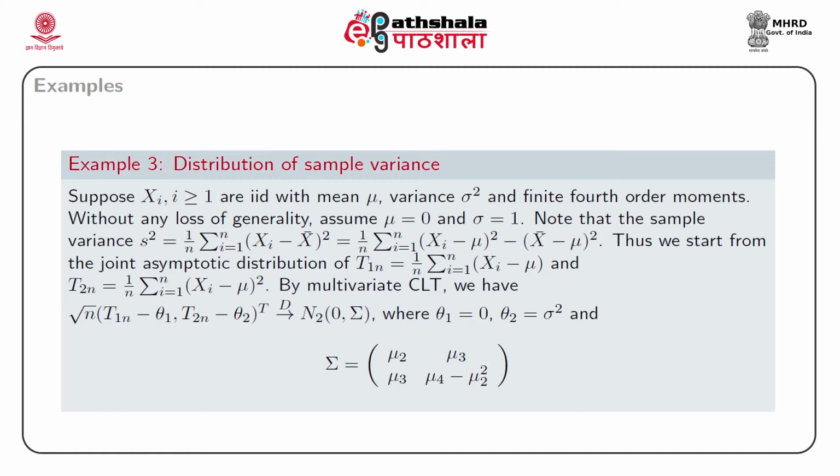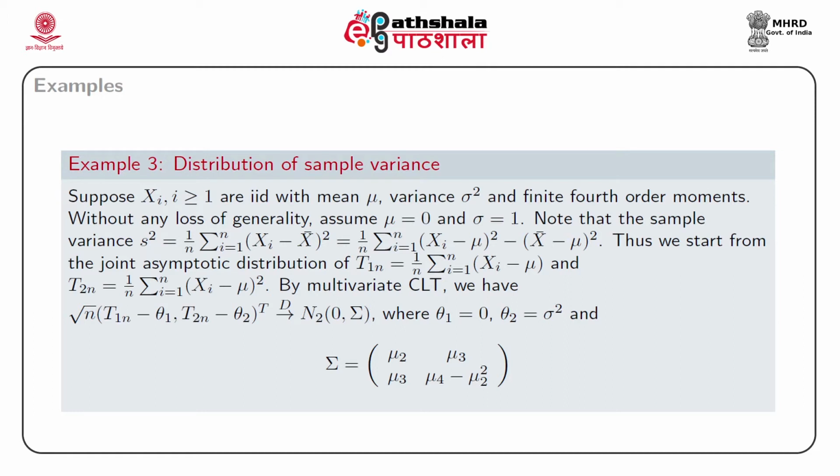Thus, we have two distinct random variables. One is 1 by n summation (xi minus mu) square and the other is (x bar minus mu) square. So we start from the joint distribution of T1n, which is defined as 1 by n summation (xi minus mu), that is x bar minus mu, and T2n as 1 by n summation i from 1 to n (xi minus mu) whole square.